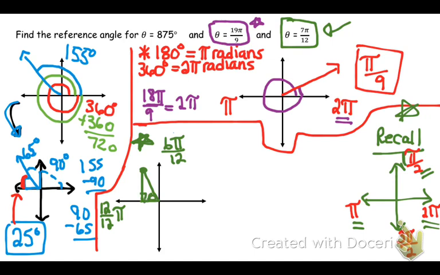Here's my right angle. So we need to find the difference between the 12 over 12 and my 7 pi over 12. And that is going to be 5 pi over 12, right? 12 and 7, the difference is 5 pi.